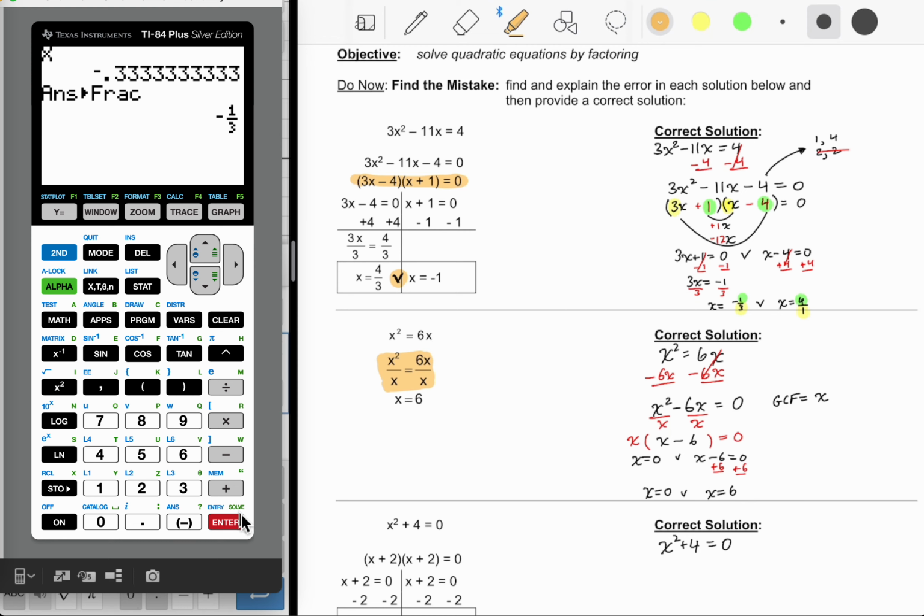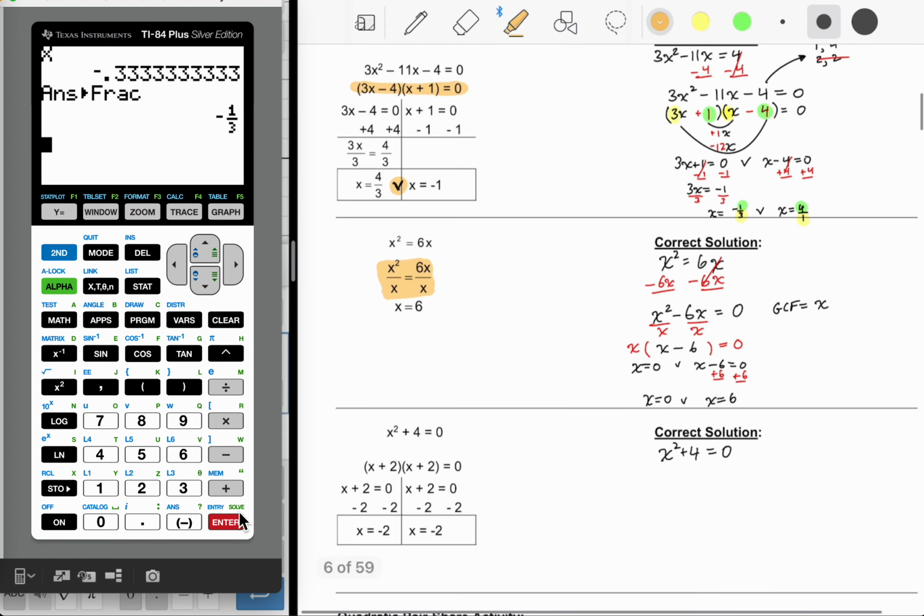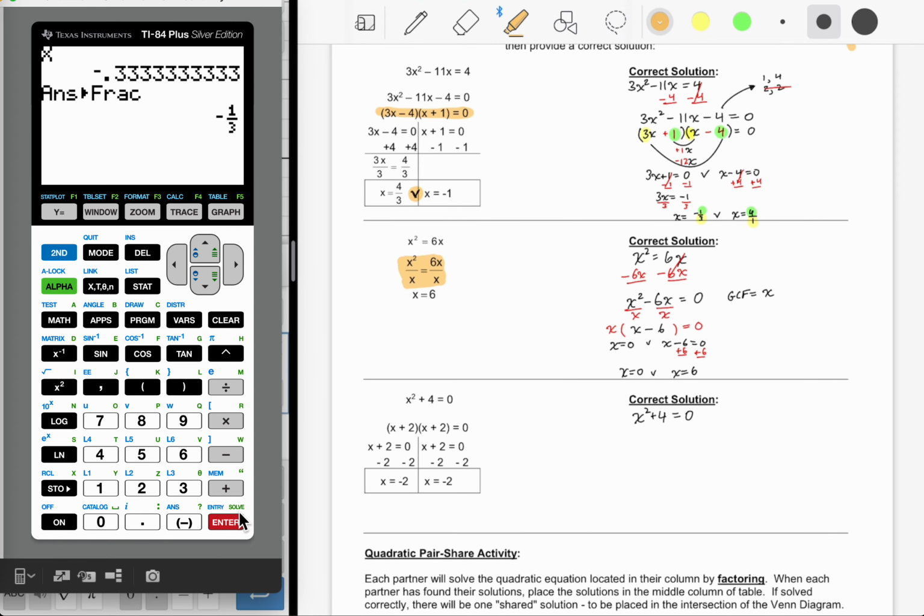The last one, the big issue there is that they did everything incorrectly. All of this is wrong. Just awful stuff.